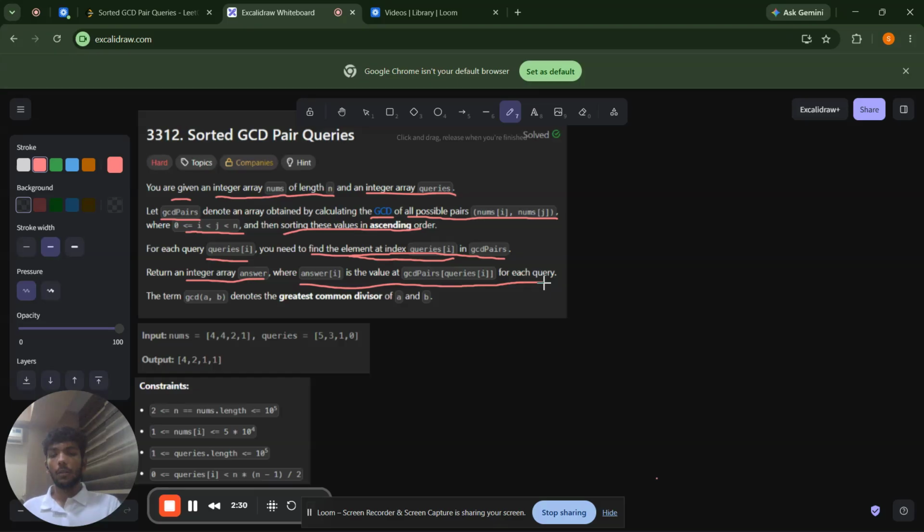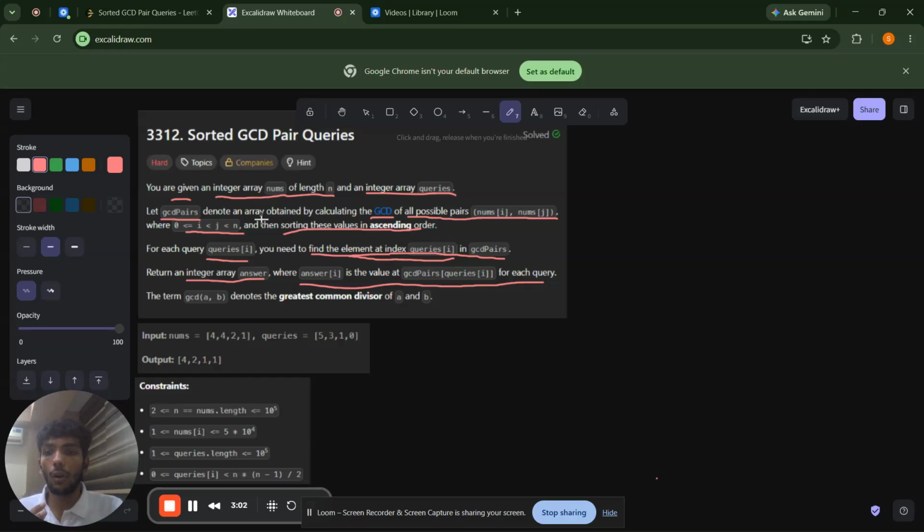Okay, so what we have understood is that we are given two parameters, nums and queries. First we need to obtain the GCDs of all possible pairs. For a given array nums of length n, for all the pairs which could possibly be created, we need to find the GCD of each of them.